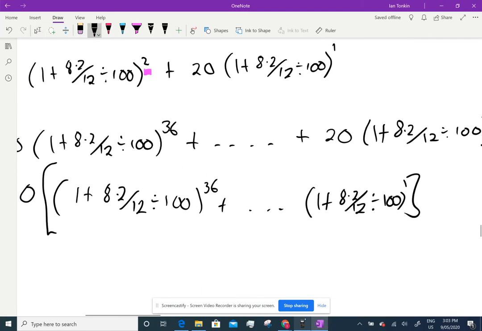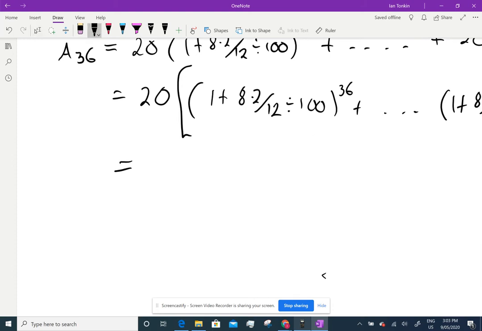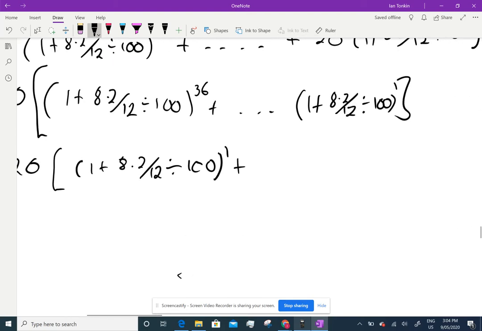And I got a big set of parentheses there. So let's rewrite this the other way. 1 plus 8.2 divided by 12 divided by 100 to the power of 1 plus, that's going to go all the way up to 36. 1 plus 8.2 divided by 12 divided by 100 to the 36.